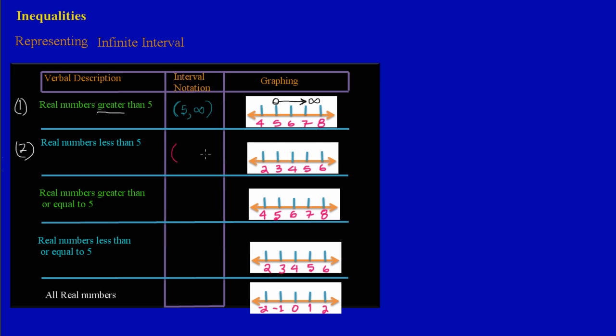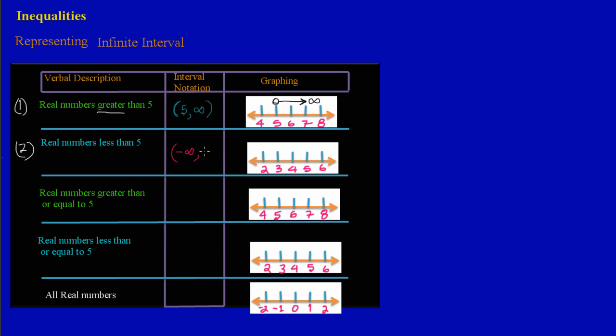Since it's less than, if you look on the number line, it would make sense. If 5 is here, I am going to be going to the left of 5. So I'm going in the direction of negative infinity now. I use my parenthesis because I will never reach negative infinity, comma, and 5 is my boundary.